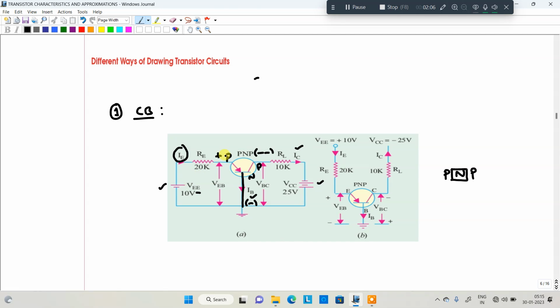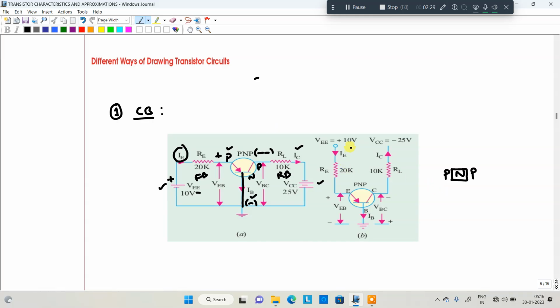When it is forward biased, P is connected to positive; only then is it forward biased. Coming to the second case, the negative terminal is connected to the collector P, only then is it reverse biased. So the input is forward biased as well as the output junction is reverse biased. That condition is also satisfied.